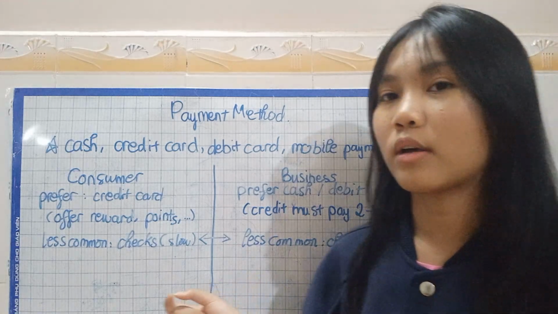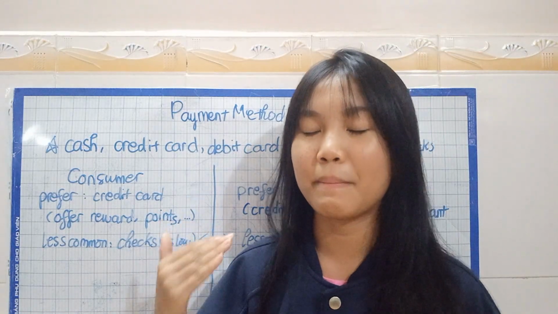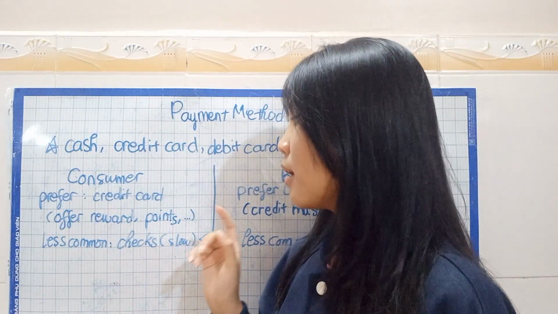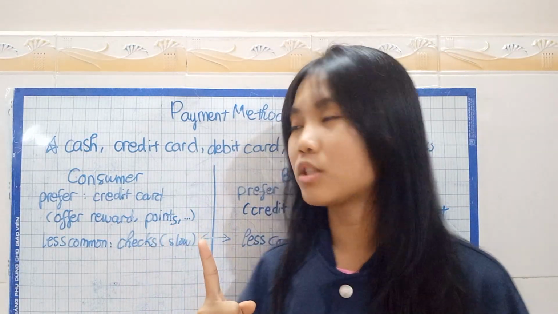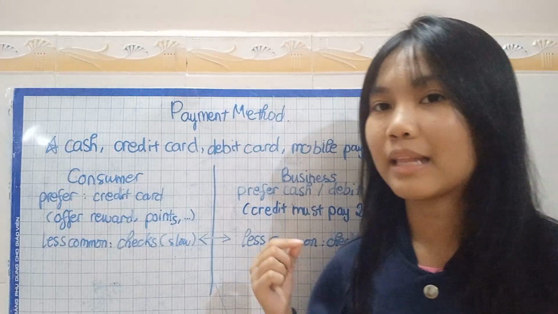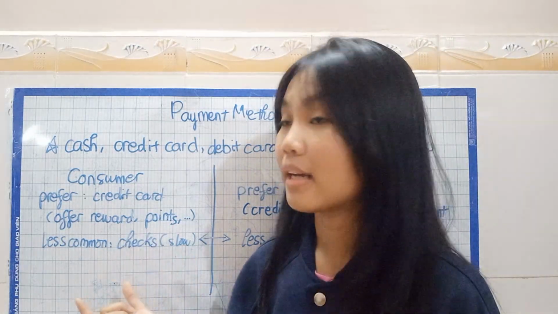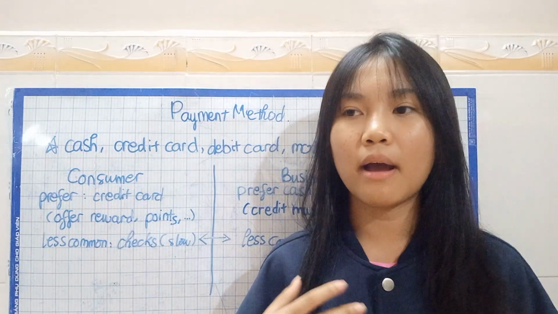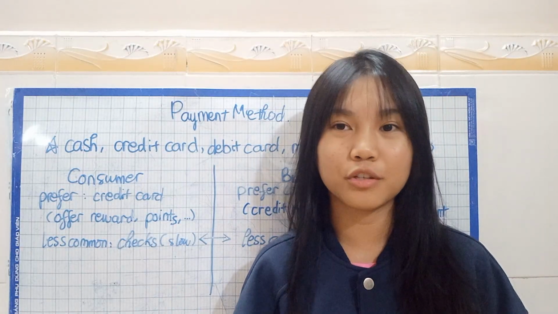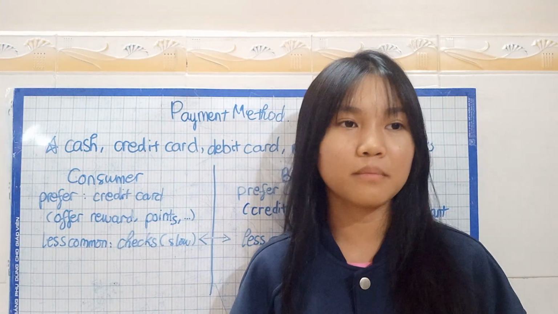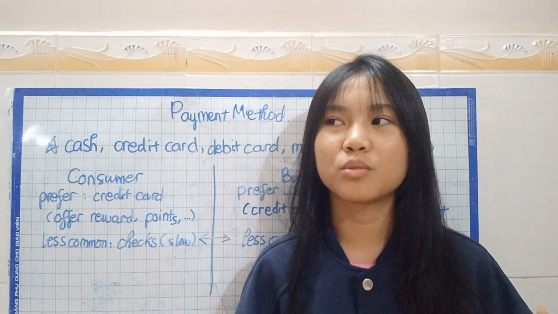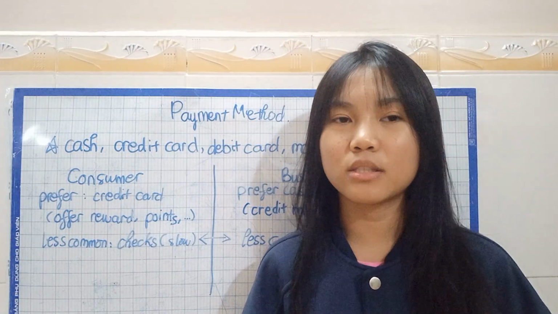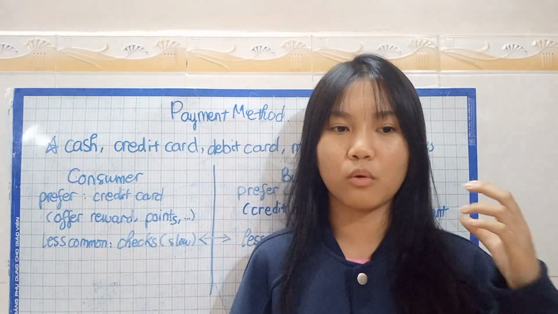Today we're going to be talking about the preferences for these payment methods regarding consumers and businesses. First, one thing that is starting to get less common is checks. Why? In the past, checks were used a lot. Around the 2010s, when checks first emerged, people really liked them because they felt they were way more handy and way more formal.